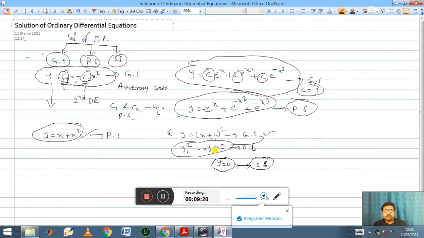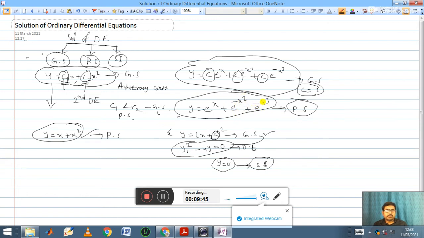Here c will not play any important role. You need not find any c value. Directly, if you put y equals 0, then your solution becomes the singular solution. It depends only on the single value y equals 0, so it is independent of the value of c, because the general solution is (x plus c) whole square.